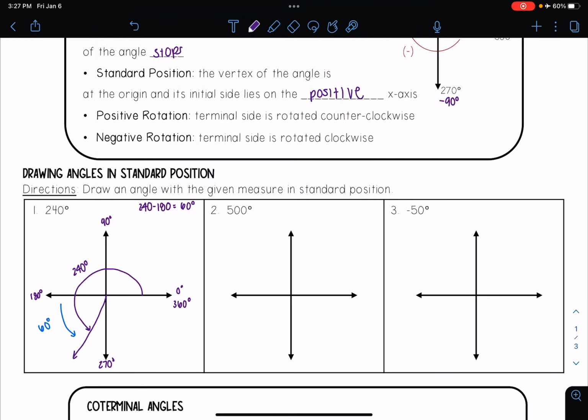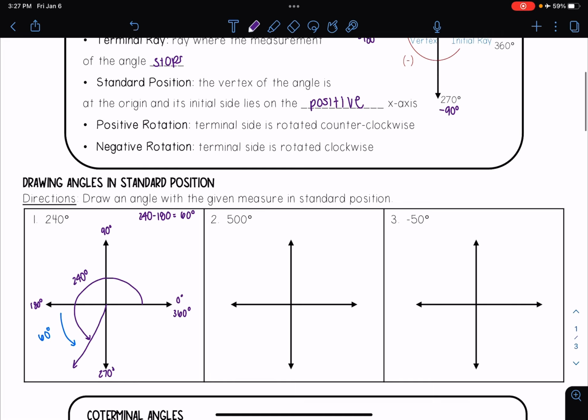Okay, next one, I want to draw 500 degrees. And so 500 degrees, I am going to go in the full circle, because remember this is again 0, 90, 180, 270, 360. So 500 is larger than this 360.